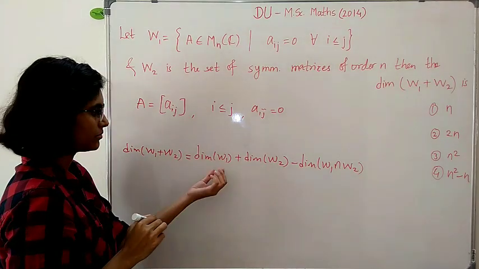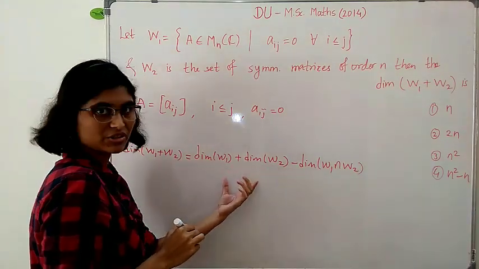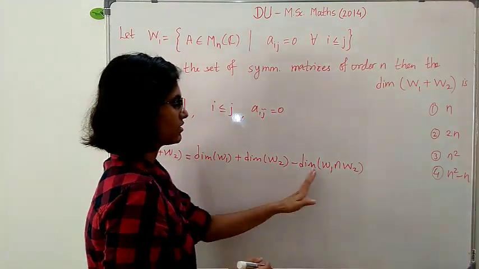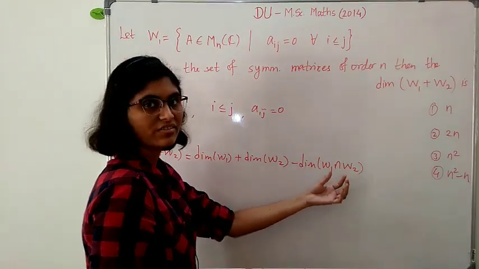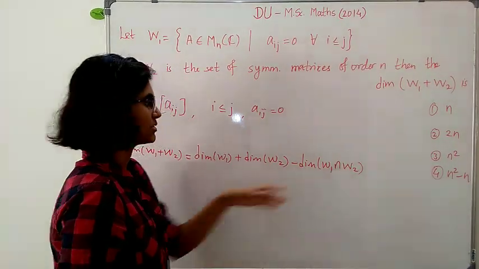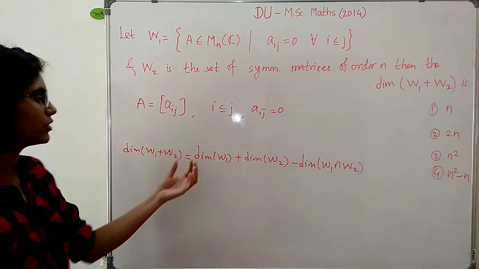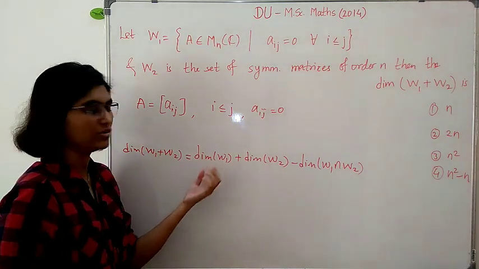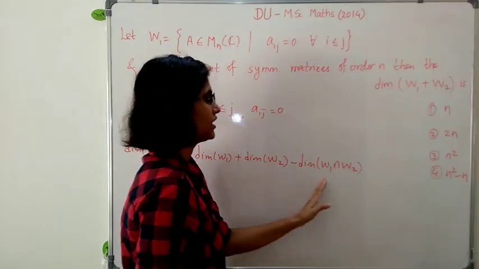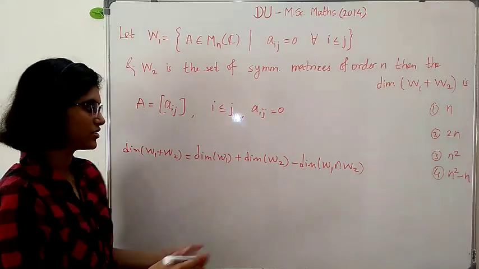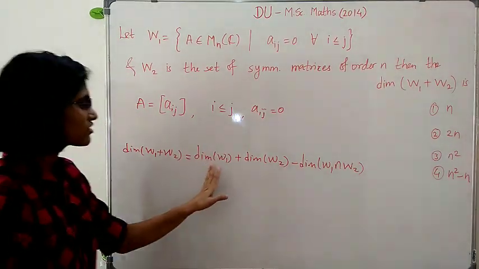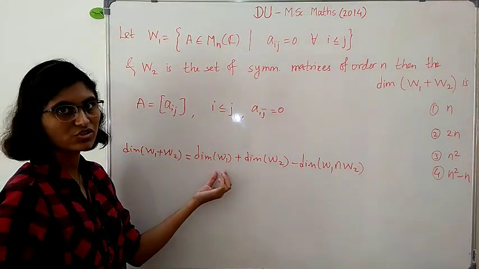Okay, it means you take the dimension of the individual subspaces, add them, and then subtract the common elements from the dimension of this vector space. So for this we want to first find out the dimension of W1, then the dimension of W2, and then the dimension of their intersection. So let us first find this dimension of W1.